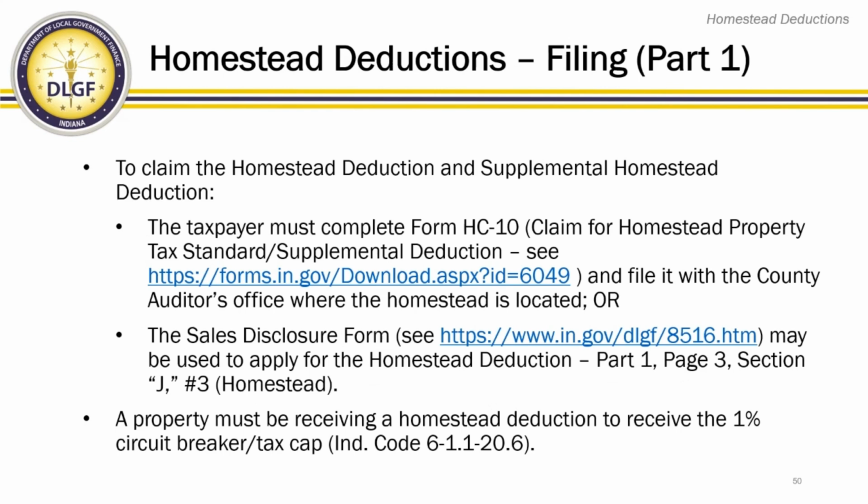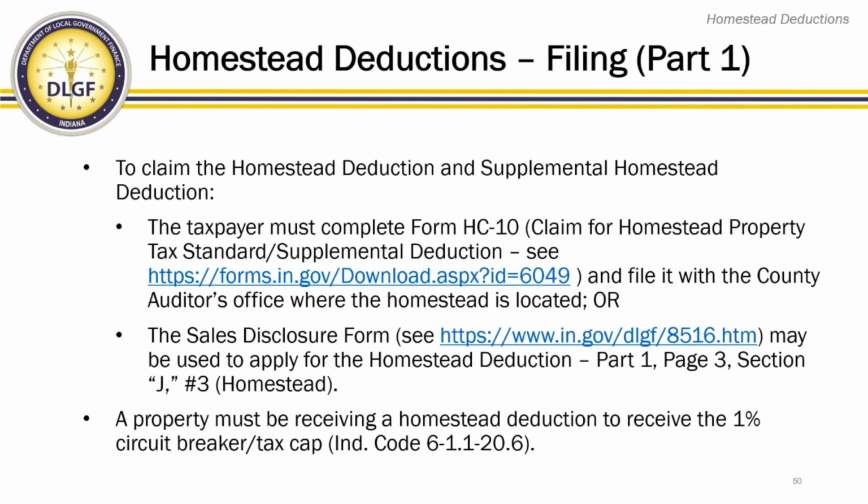So to claim either the homestead deduction or the supplemental homestead deduction, both would be claimed on the form, which is commonly referred to just as the homestead deduction application, or HT10. They can be found on the agency's website at that link on the screen. Also, the sales disclosure form. We referenced this earlier. There's a portion under section J of that which allows an individual to claim a homestead deduction, as well as a handful of other environmental deductions we'll cover in a few slides.